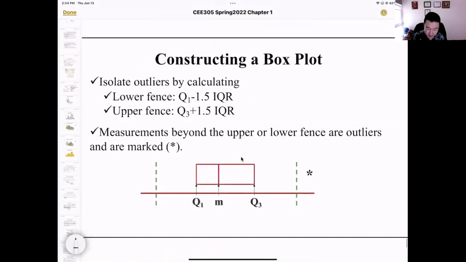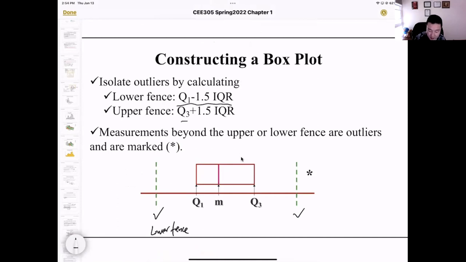Okay, and then we need to isolate outliers. How to do that? We need to draw 2 fences, the lower fence and the upper fence. The lower fence is Q1, the first quartile, minus 1.5 IQR.